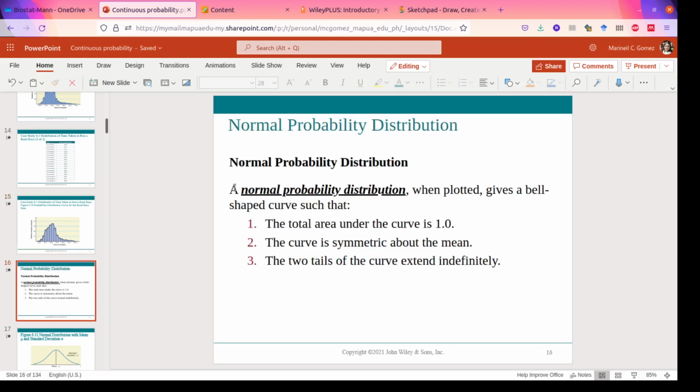But even when we do not know the actual population data, for example when you do experiments in the laboratory, say you are titrating a certain acid sample. Let's have that example.